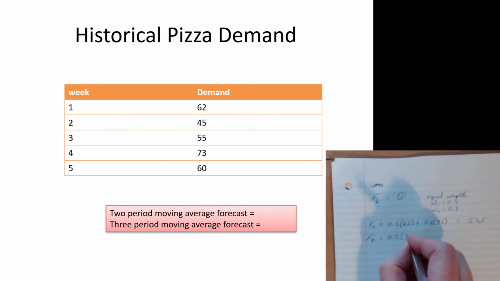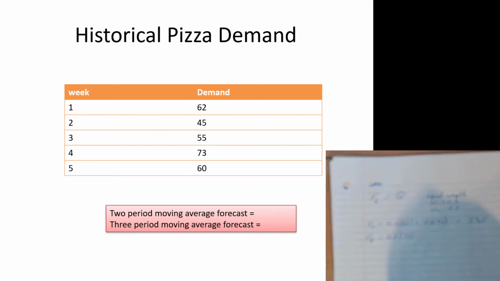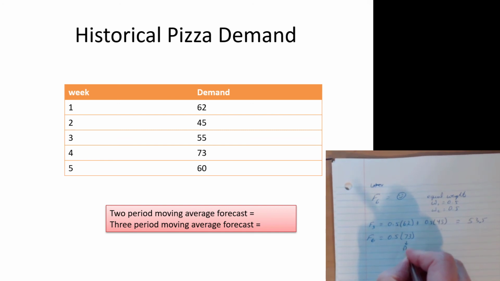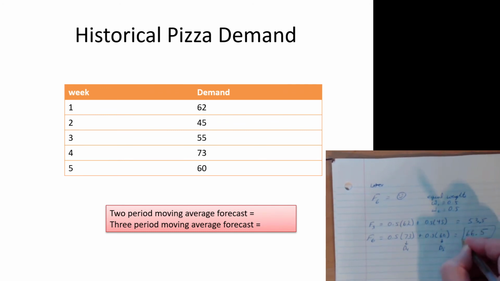So I'm going to look at first the period that happens first, which is period 4. So this is the demand for period 4, plus 0.5 times the demand for period 5, 60. Okay, that's the demand for period 5. And when I punch that through, I get about 66.5. Okay, so an actual forecast here.